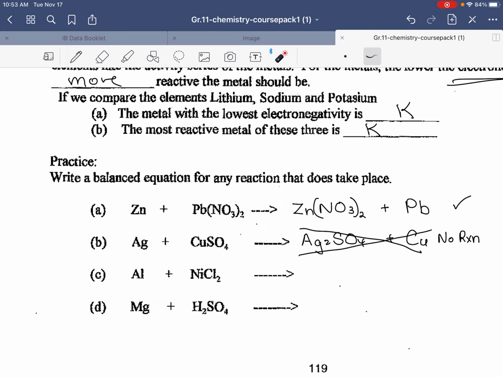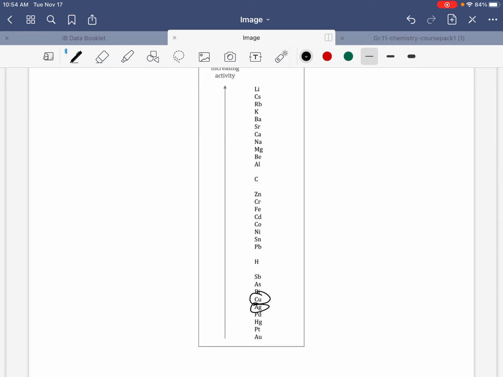All right, the next one. Aluminum reacting with nickel chloride, right? So I guess what you're gonna get is aluminum chloride plus nickel. Again, will this happen? Let's find aluminum and let's find nickel.